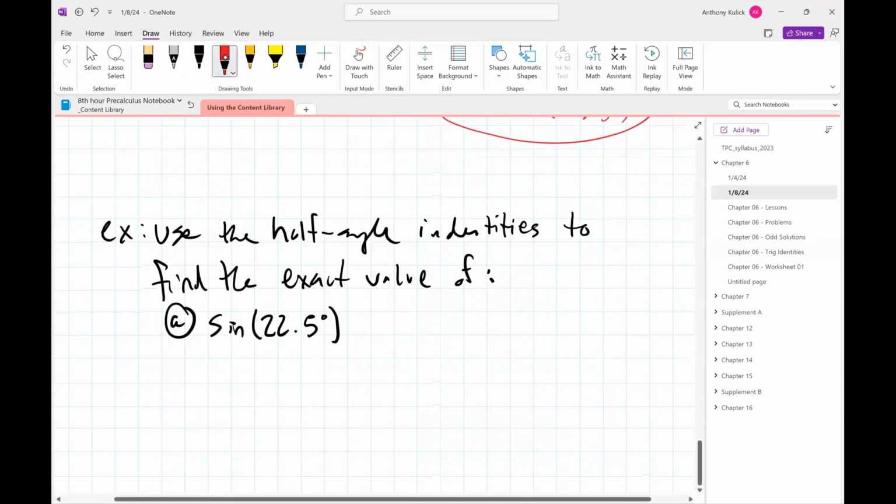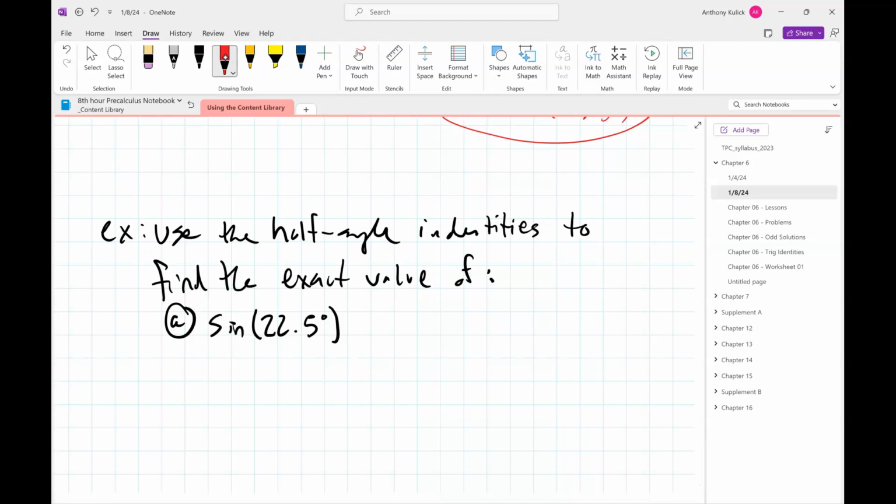So let's say we're asked to find sine of 22.5 using a half angle identity.